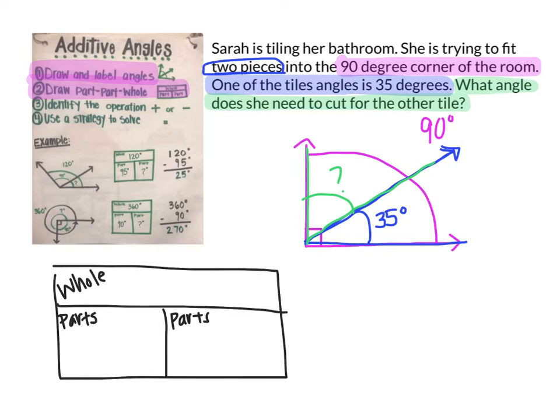Next up, we are going to label what we know. So we know that our whole angle is 90 degrees.